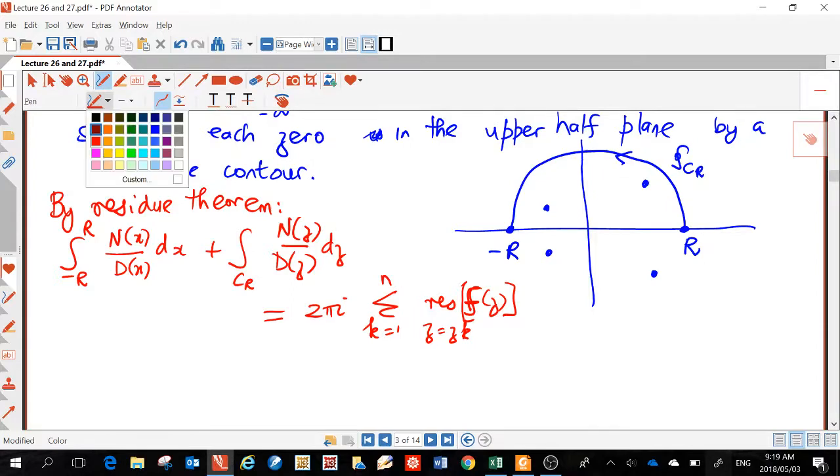Right, so I got the integral of this part here, and then I got the integral of this part here. I summed them up. Of course, this direction is this way here. So minus r to plus r, right? It's a closed contour now. Start up at this point, go along the circle, come here and come back. It's a closed contour.